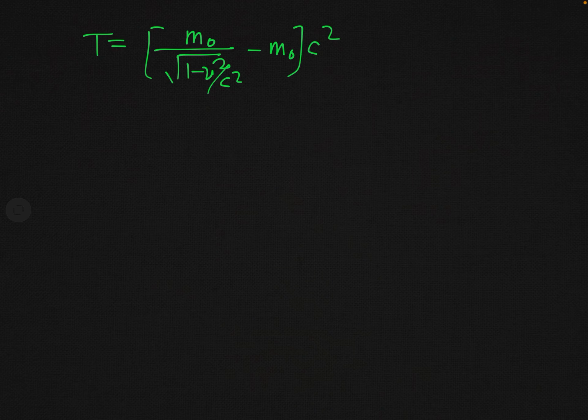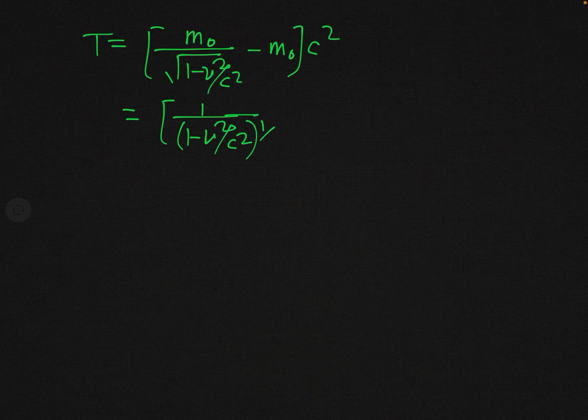After substituting this value of m in equation 1, what do we get? We find that T is equal to m, where m is written as m naught divided by root over 1 minus v square by c square, minus m naught c square. So see here, you can take m naught as a common factor.